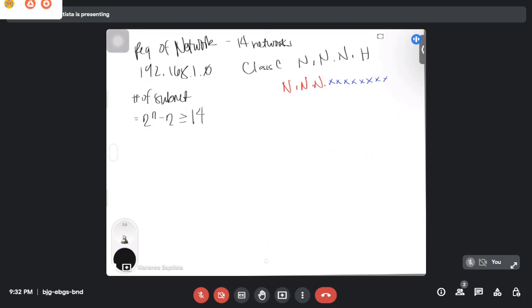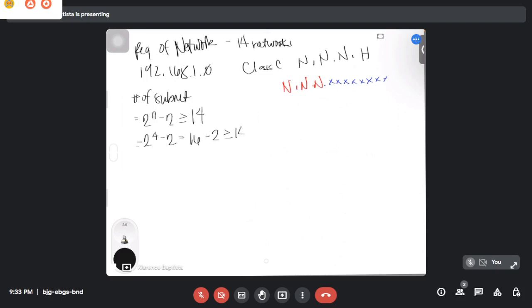So what is the number 2 raised to n that we can subtract 2 para makuha natin yung value ng 14? So try natin 2 raised to 3 is 8. 8 minus 2 is 6, di ba? So try natin 2 raised to 4 minus 2. 2 raised to 4 is 2 times 2, 4 times 2, 8 times 2, 16. So we have 16 minus 2 greater than or equal to 14.